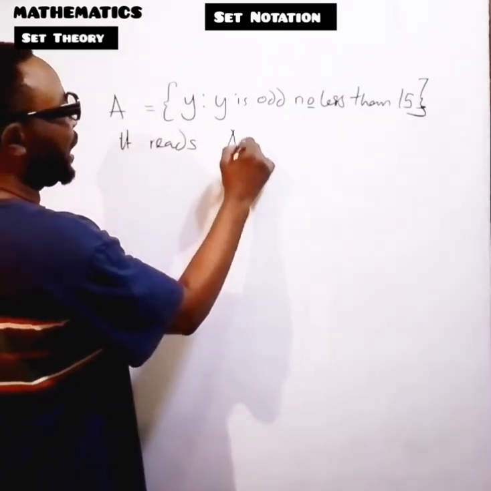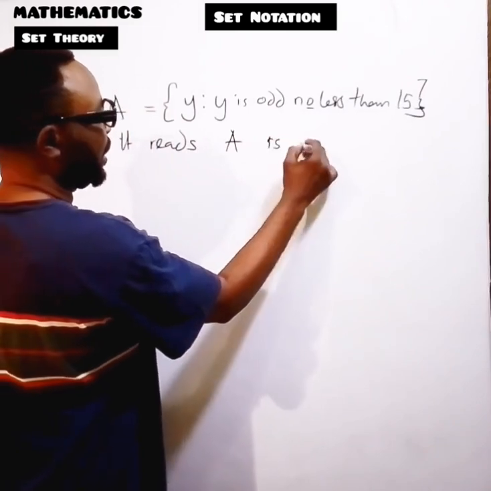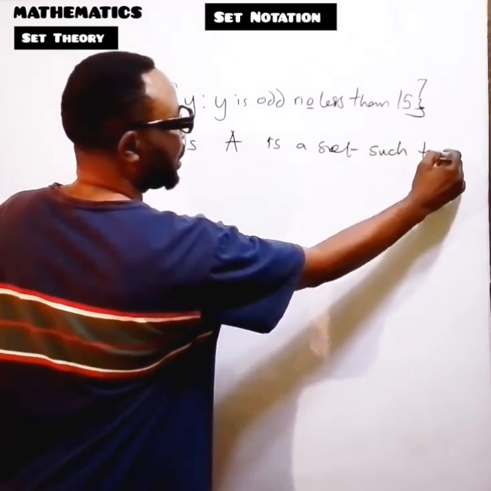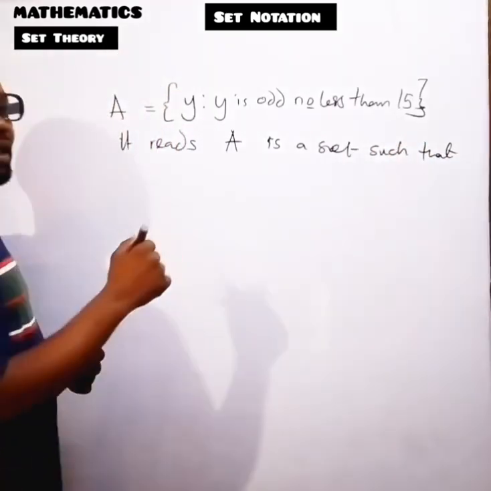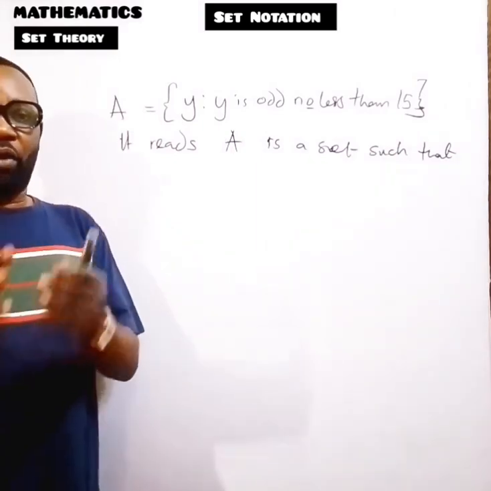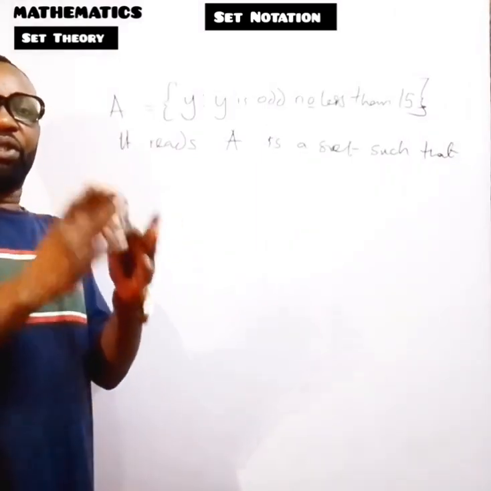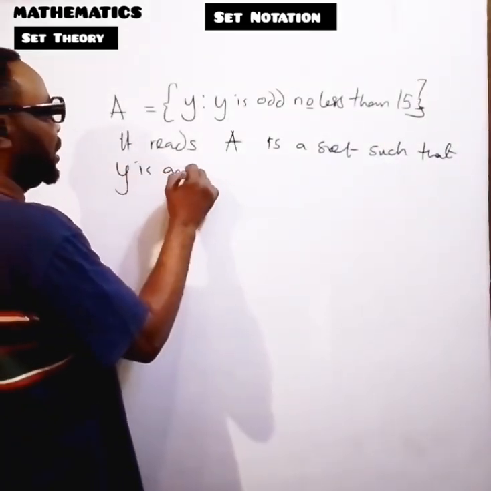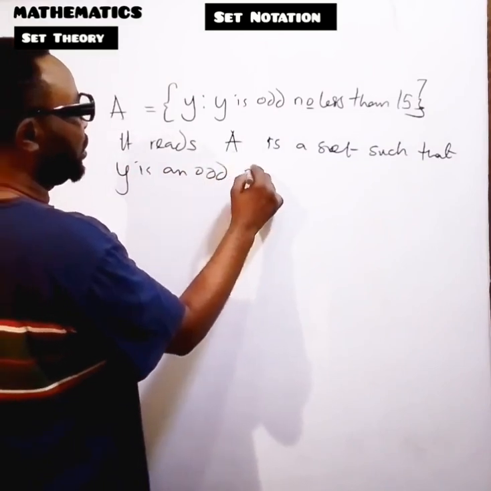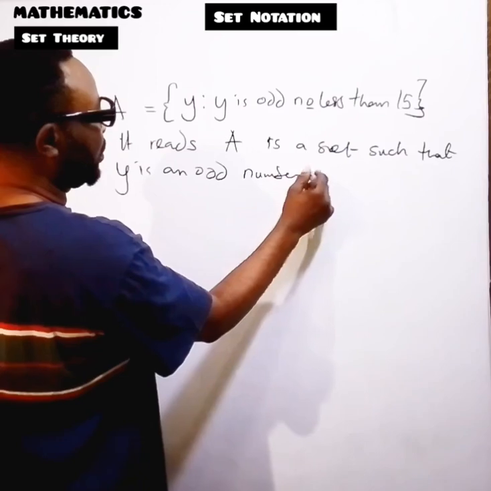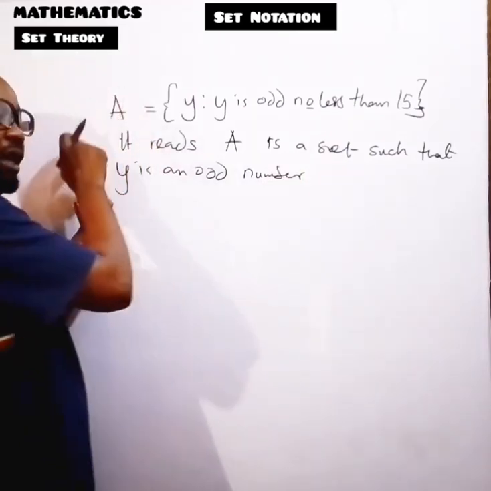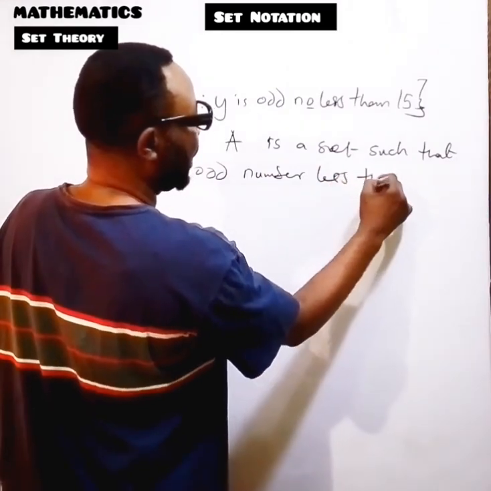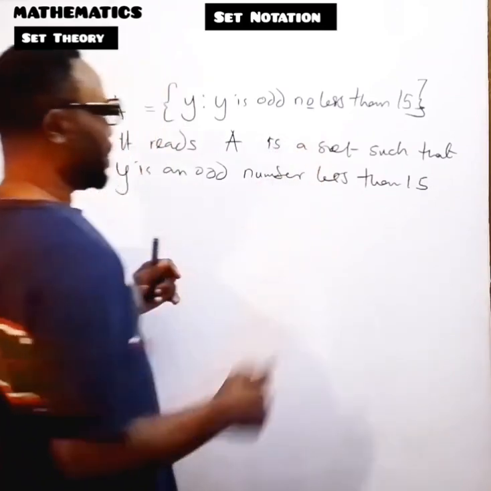A is a set such that y is an odd number. y is found within A, which is an odd number less than 15.